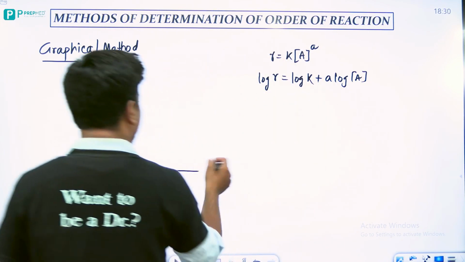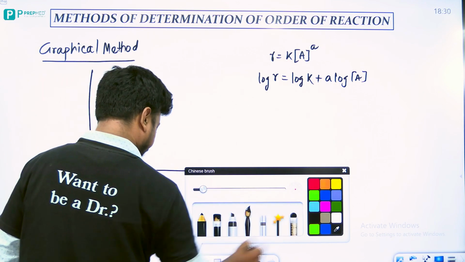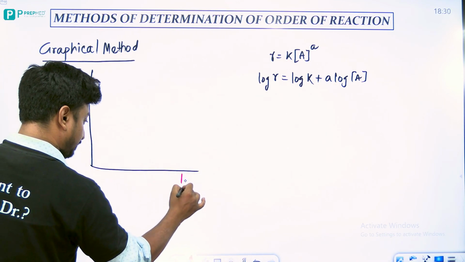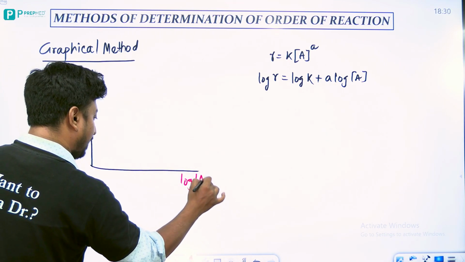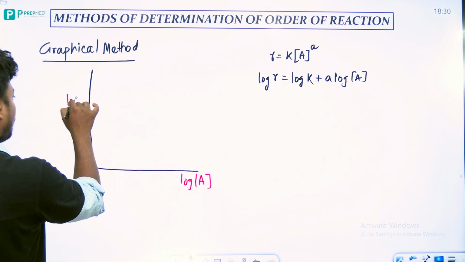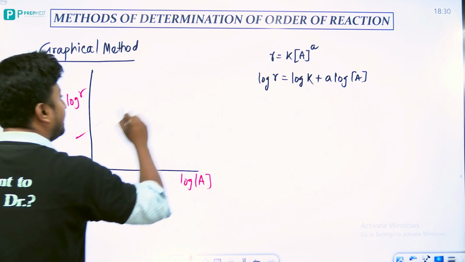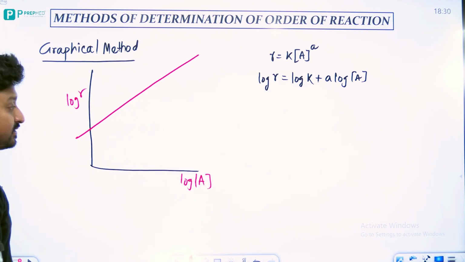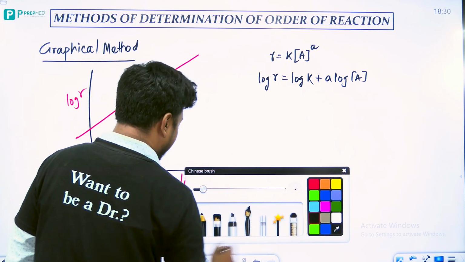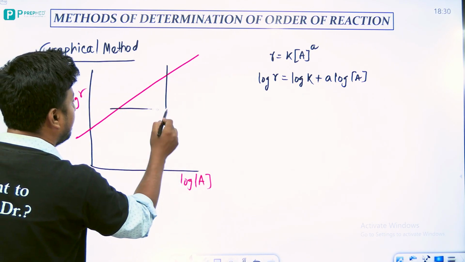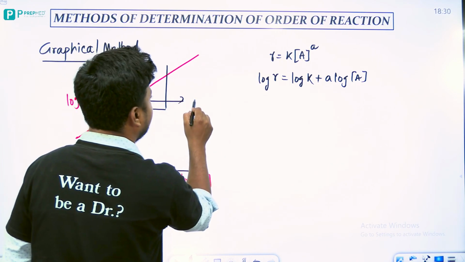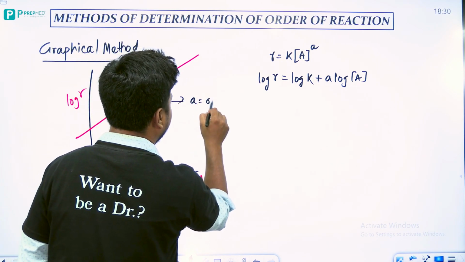Now if I plot log of a versus log of r, then I will get a straight line like this, and at the end of the day this slope will give me a, that is the order of the reaction.